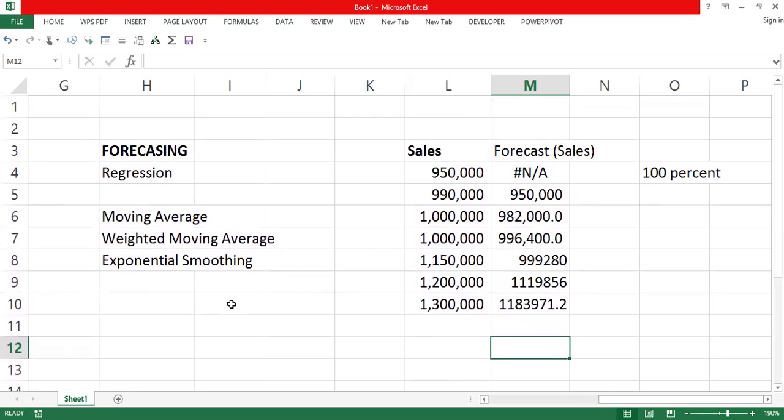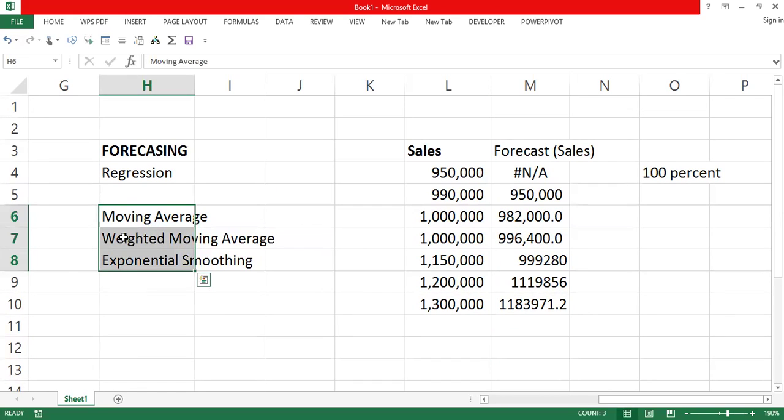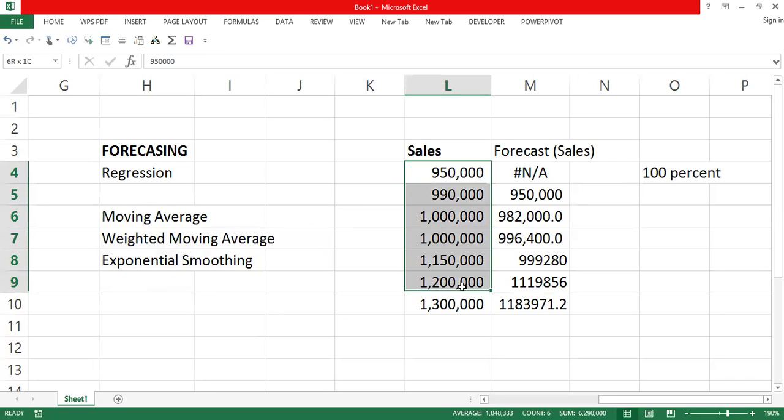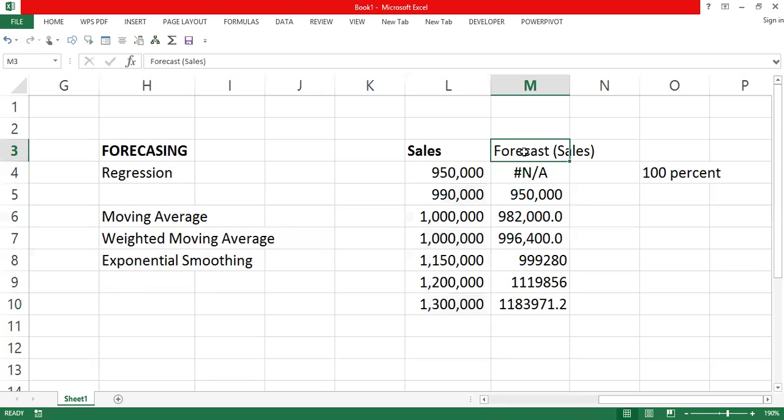From here, I hope you can see that exponential smoothing belongs to the same category as the moving average and weighted moving average, in the sense that it applies to a simple trend of data.